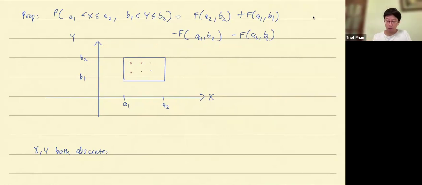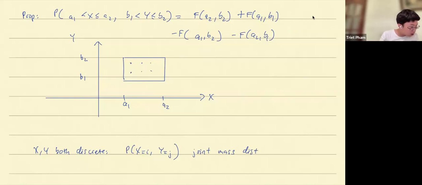Then you will look at the probability X equals I, Y equals J, and this is called the joint mass function, the joint probability mass function.